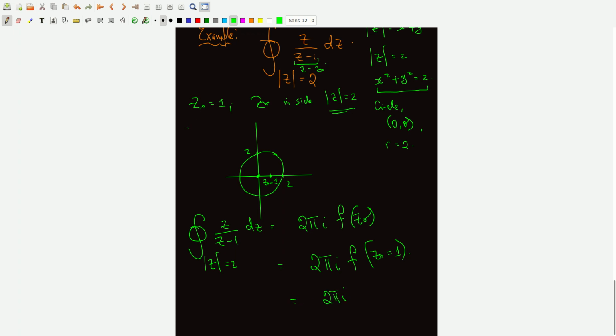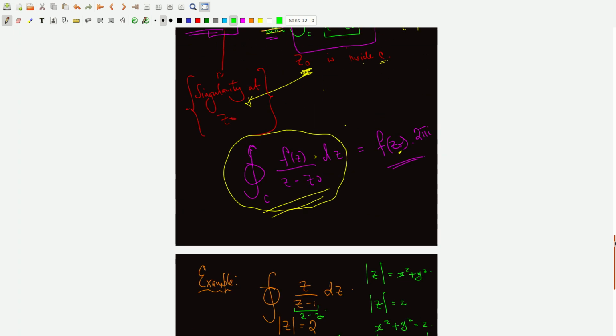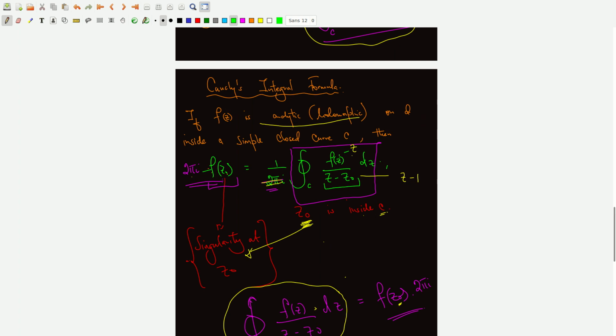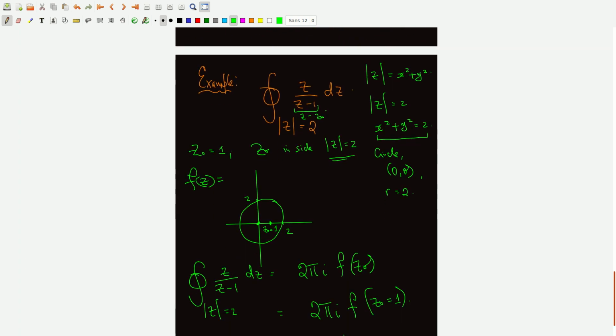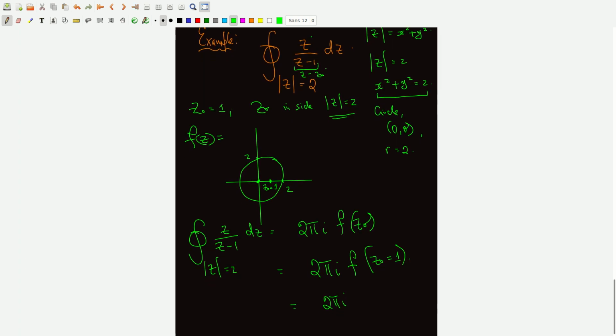Maybe one thing I forgot to say is what f of z is. Just look at the formula: we have f of z all over z minus z naught.